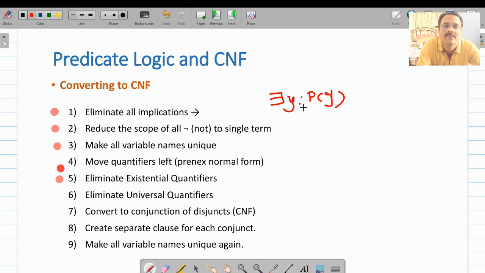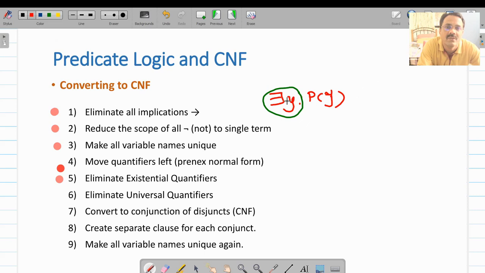So how to remove this? There exists y, this is the existential quantifier. For that purpose we must understand the meaning of this. The meaning is there exists some value of y for which p of y is true.